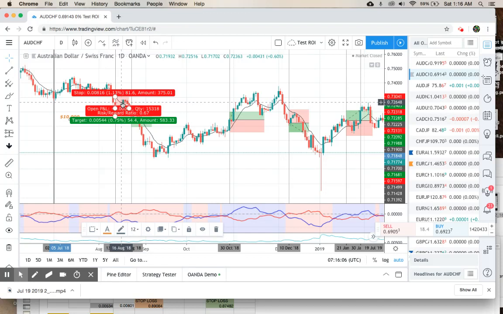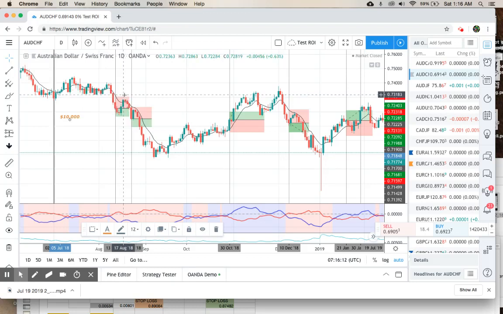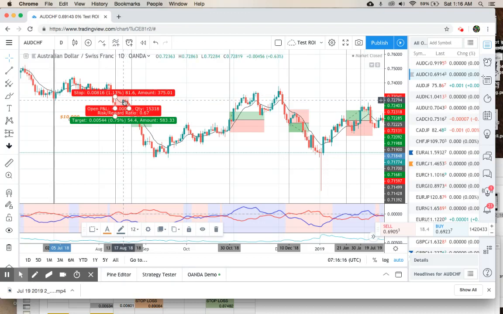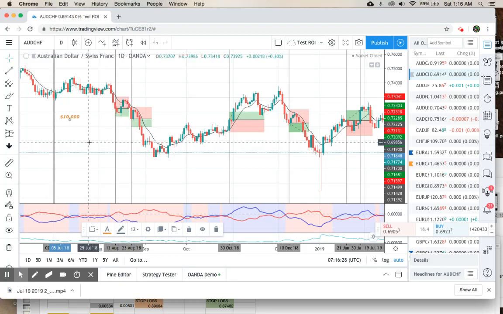Maybe I didn't enter everything exactly correct, but anyway, 81.6 pips. So $100 divided by 81.6 pips gives us $1.22 per pip.